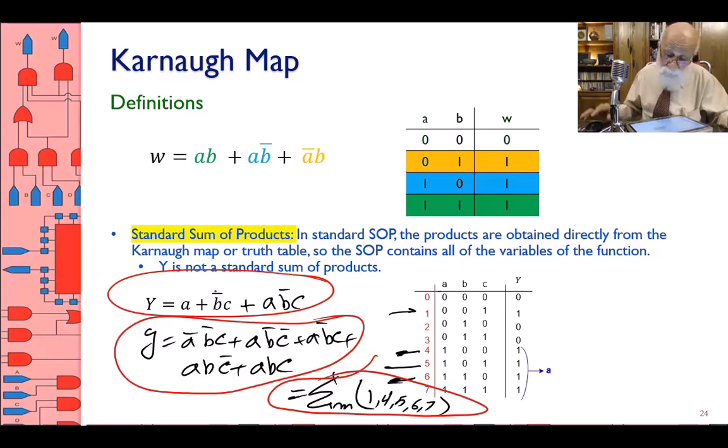This one, that was the original one, maybe this is the minimal sum of product, but I'm not sure. Okay? All right, so we know products, sums, sum of products, minterms, and the standard sum of products. Okay? And we know, of course, Karnaugh maps.